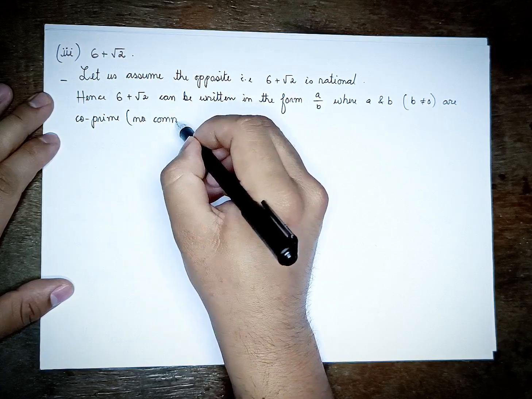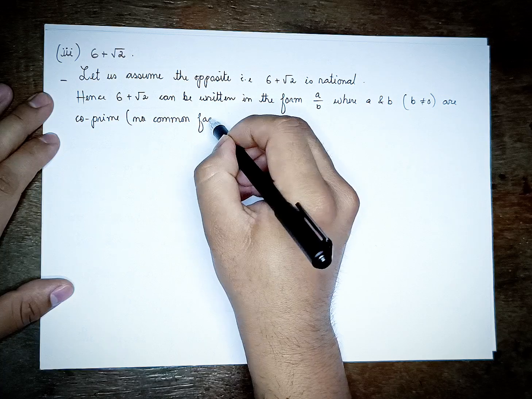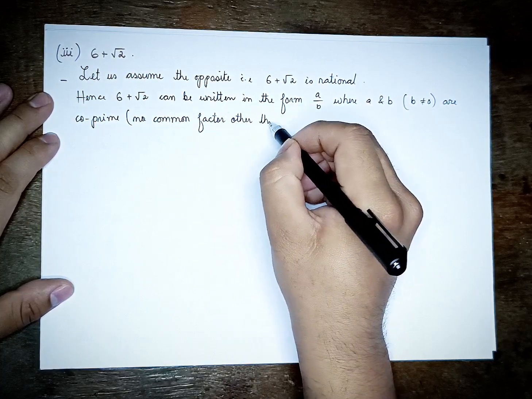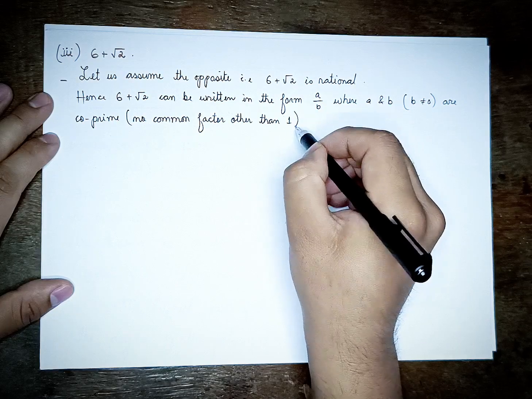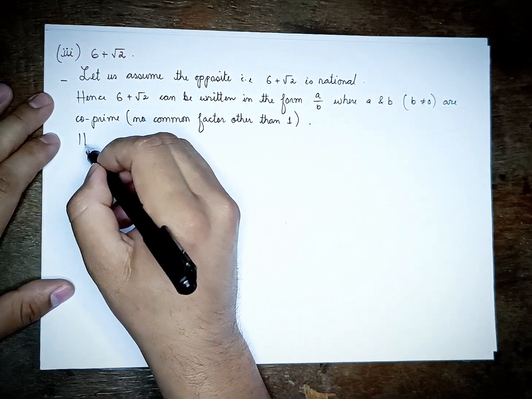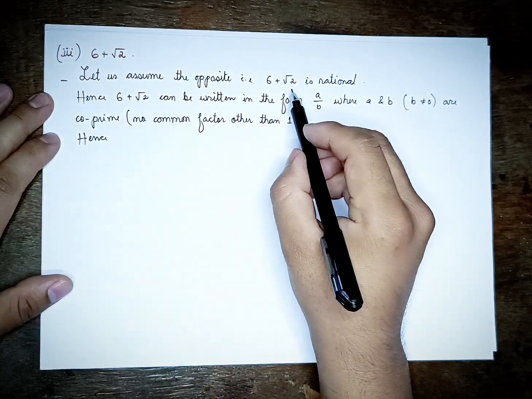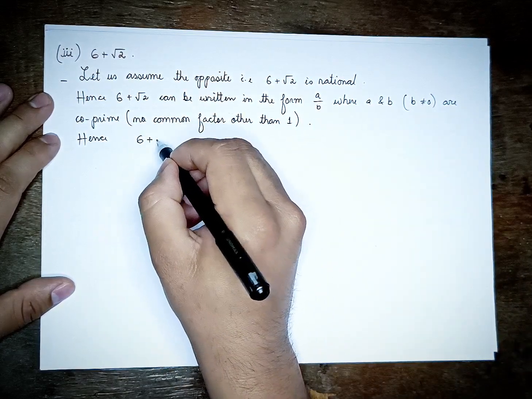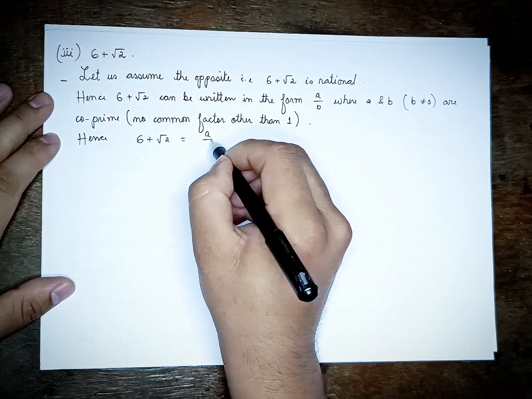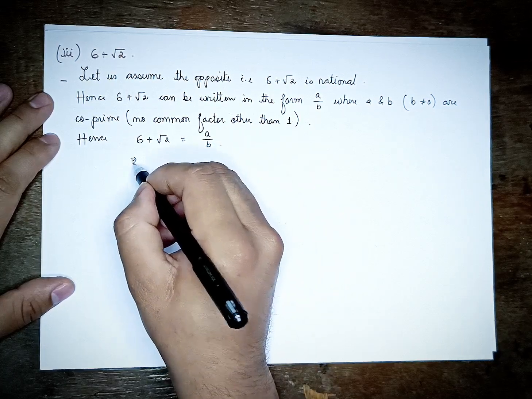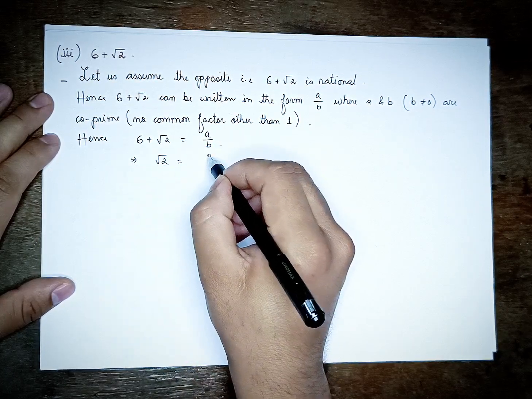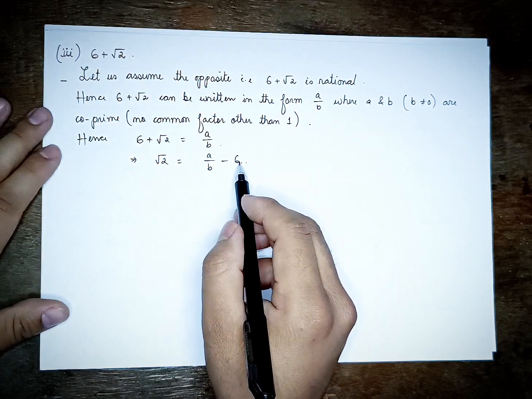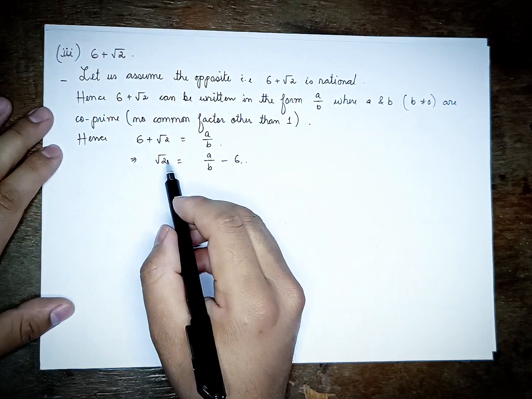Hence, 6 plus root over 2 will be equal to a by b. Transposing, we get root over 2 equal to a by b minus 6. Here a by b minus 6 is a rational number, but root over 2 is an irrational number.